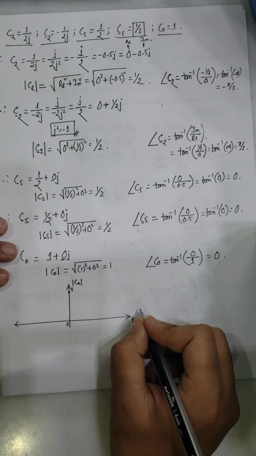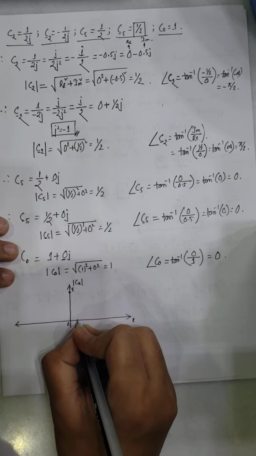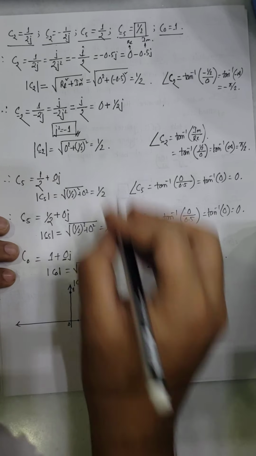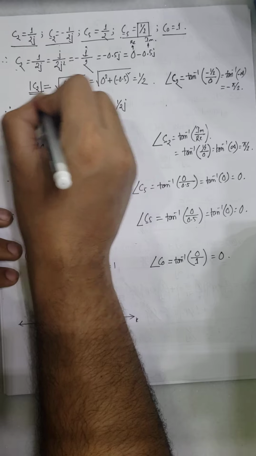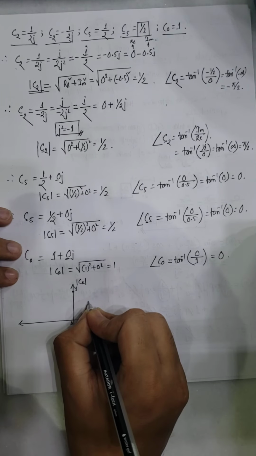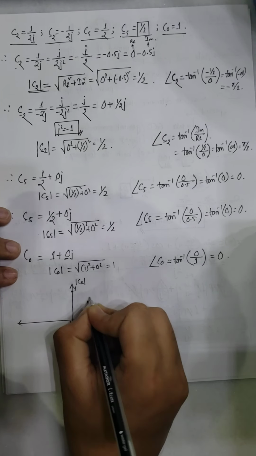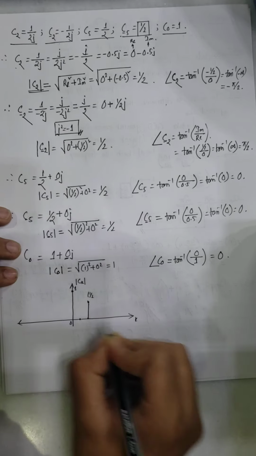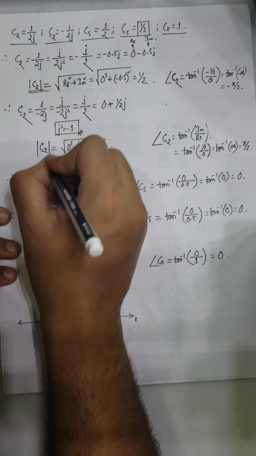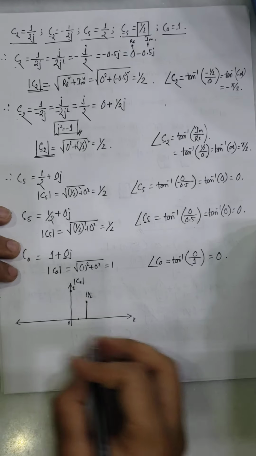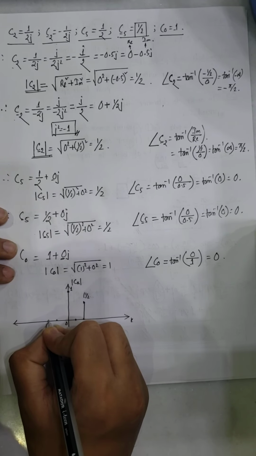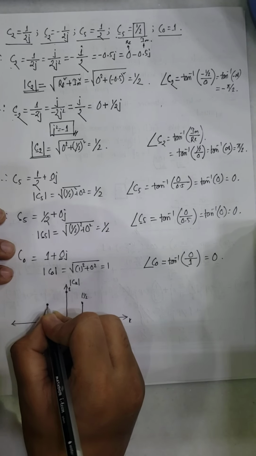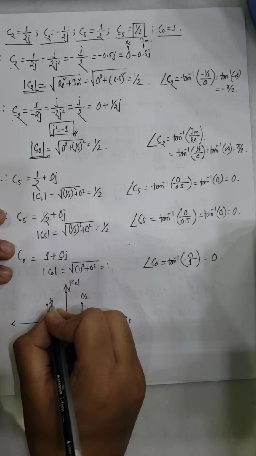And when k is 2, the magnitude is half. Similarly, when k is negative 2, the value is also half.